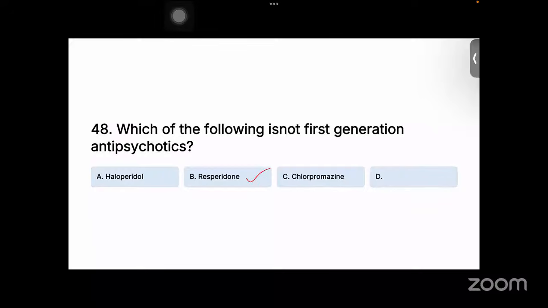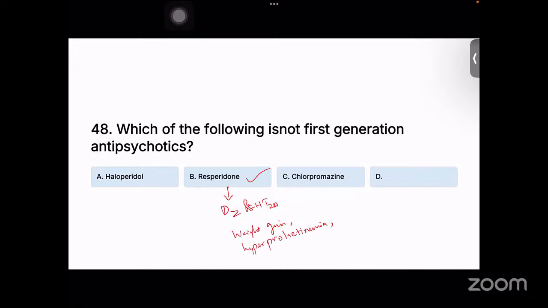So see here, risperidone will have a D2 and 5-HT2A antagonism also. What are the common side effects of risperidone? We see the patients with weight gain, hyperprolactinemia, because it acts on the D2 receptor.